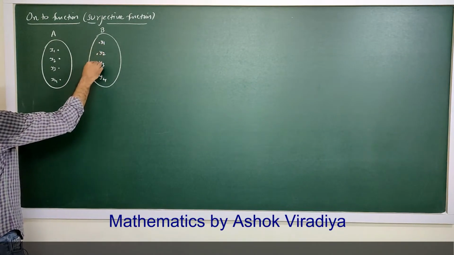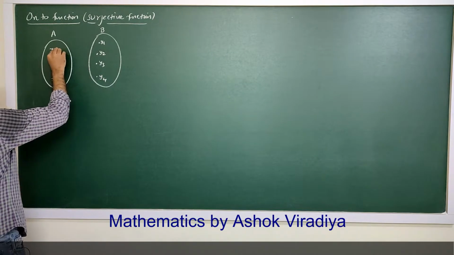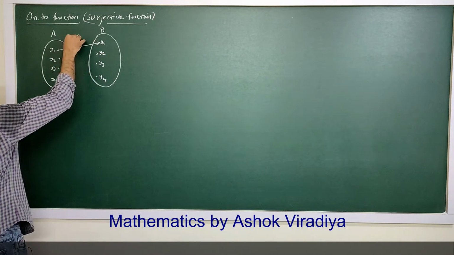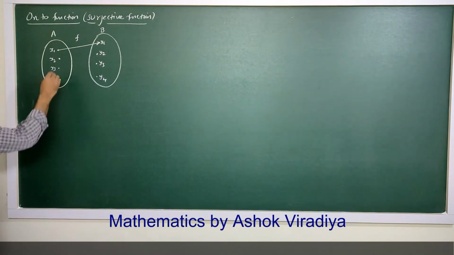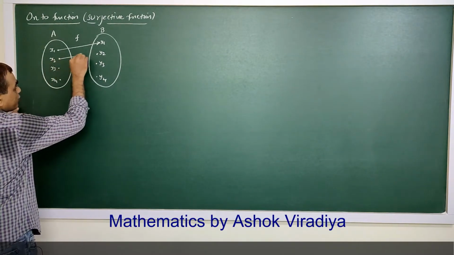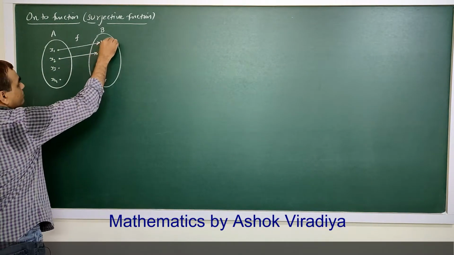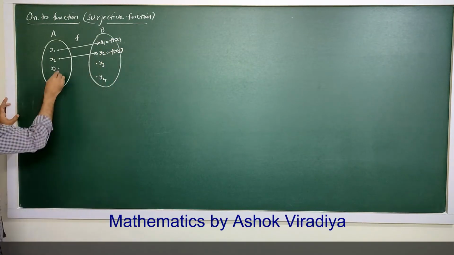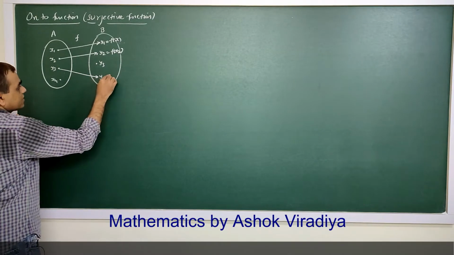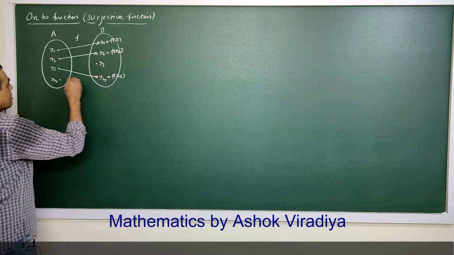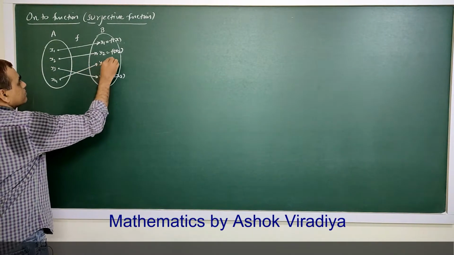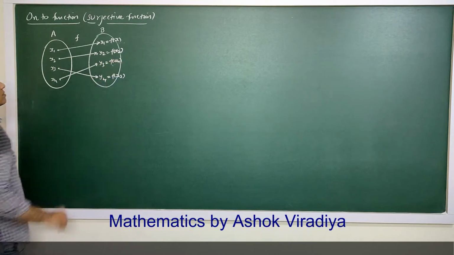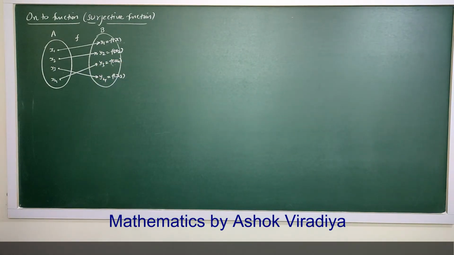Suppose that the image of x1 is y1 under f. Image of x2 is y2. This is the image of x1, this is the image of x2, this is the image of x3, and this is the image of x4. Say here the domain contains 4 numbers.